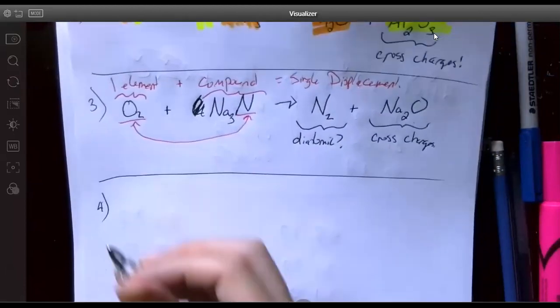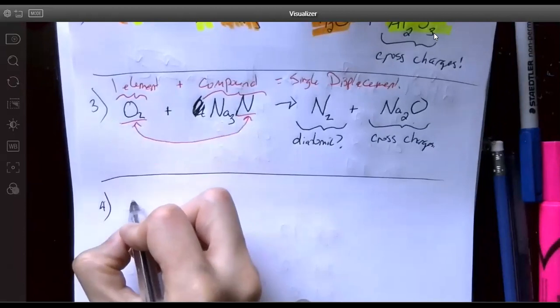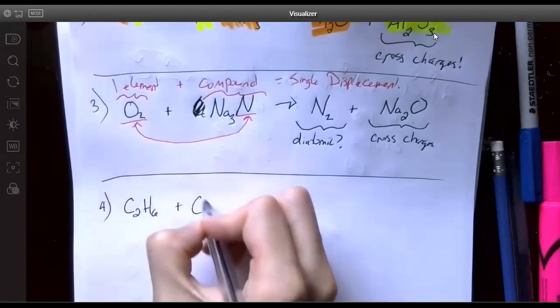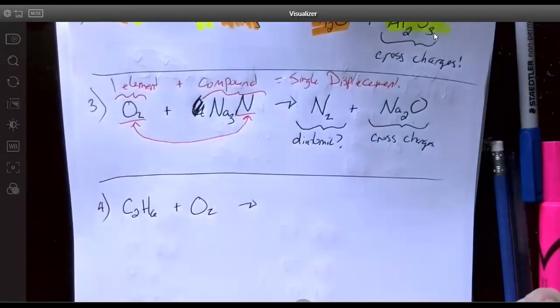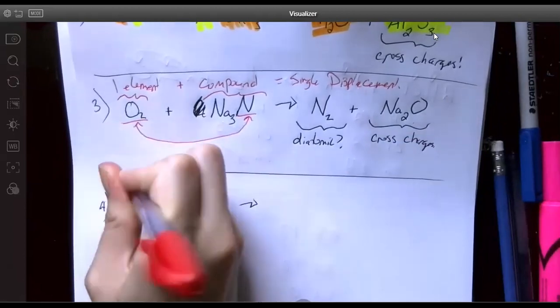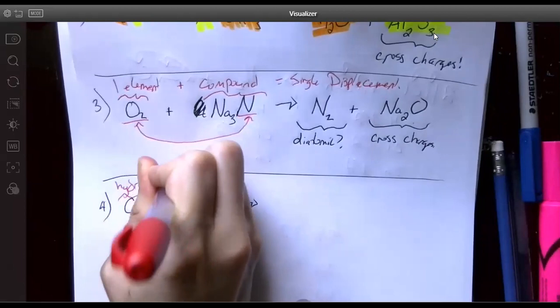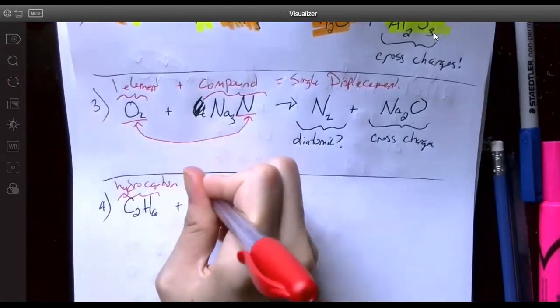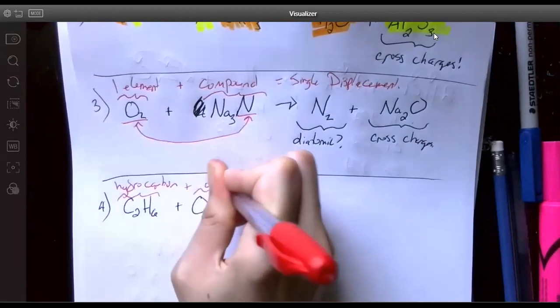Okay, next one. I have C2H6 reacting with oxygen. Now this time, I have a hydrocarbon because it's made of hydrogen and carbon reacting with oxygen.